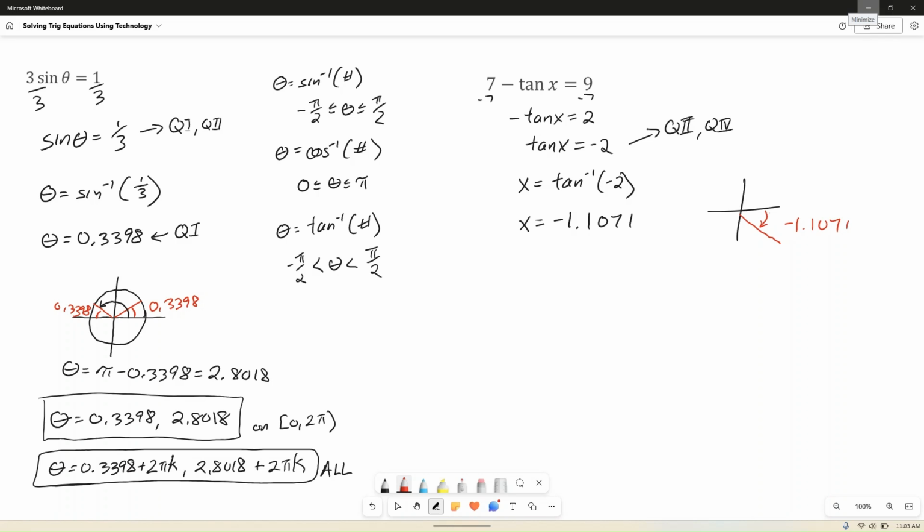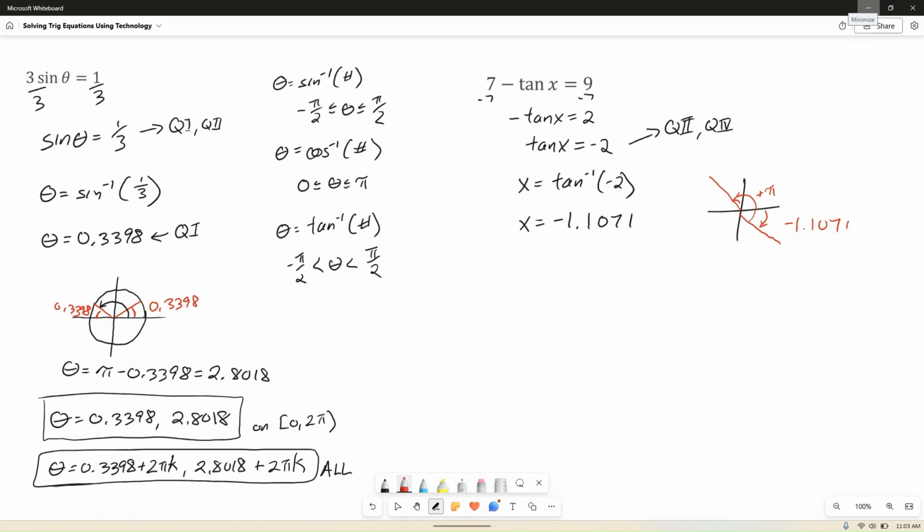So if my solution here in the fourth quadrant is a negative 1.1071, there's another solution in the second quadrant that I can get to just by adding pi to it. Okay, that will give me the solution in the second quadrant that is between 0 and 2 pi.